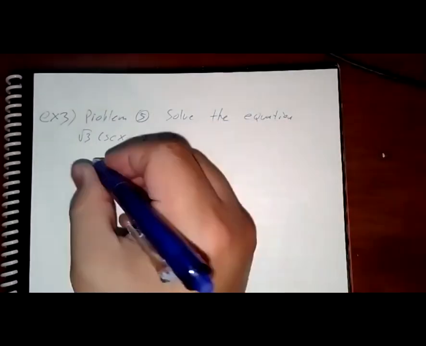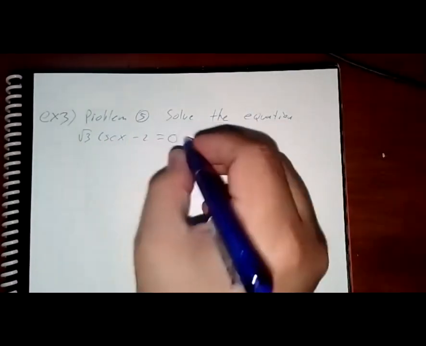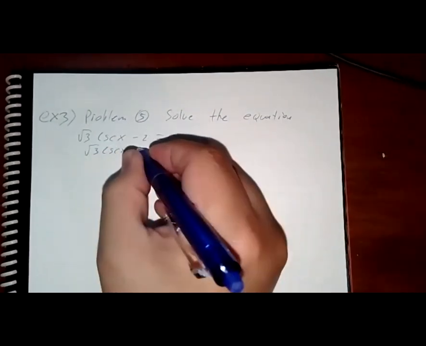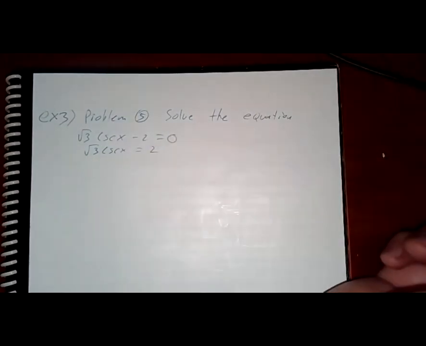So I'm going to start by moving that 2 to the right hand side. So square root 3 cosecant x is equal to 2 if I add 2 to both sides, right?